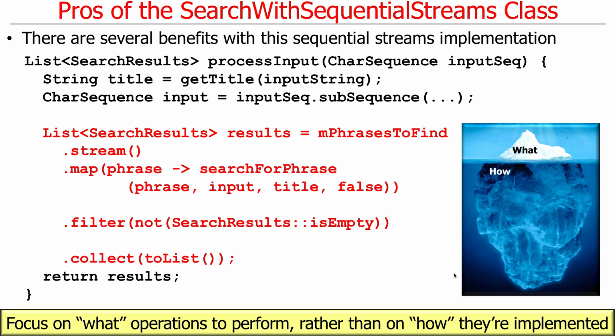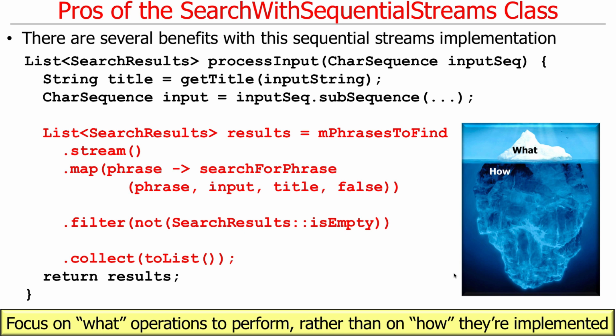And why is that good? Because it allows you to say, what is my computation? What do I want my computation to be? Not how do I want to have my computation implemented. Were we to write this in more traditional ways, we'd be doing an awful lot of the control flow ourselves with for loops and if statements and all kinds of other stuff. And that just totally goes away using a stream, and you just focus on what you want to do rather than how it's done.